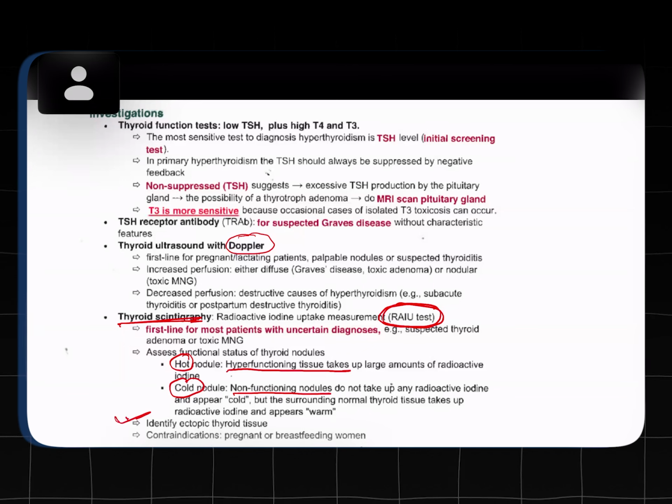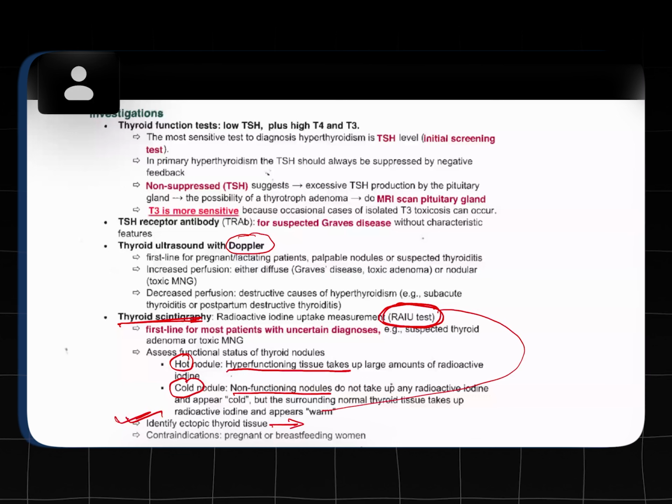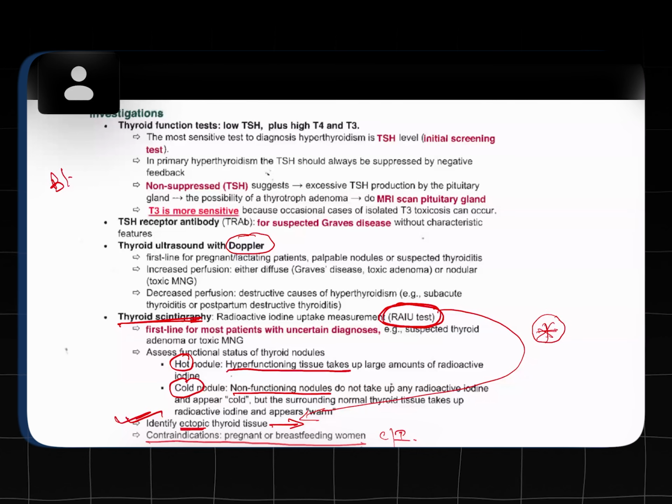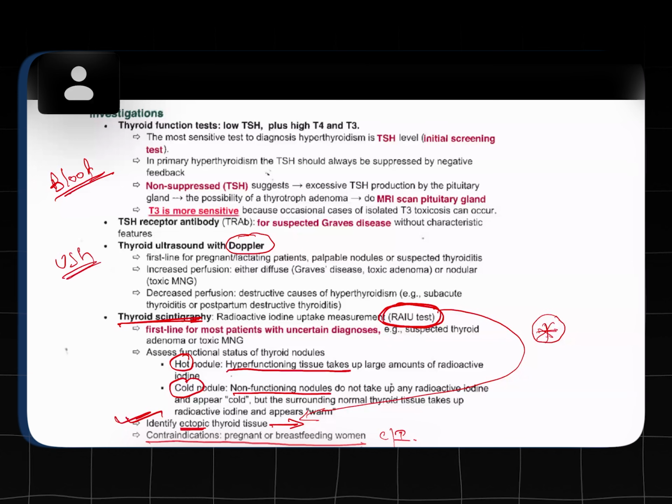This RIU scan can also pick up ectopic tissues. Main contraindication is pregnancy and breastfeeding. So this radioactive iodine uptake is very important for MCQs. So one is the blood tests, one is the USG, third is the radioactive iodine uptake.